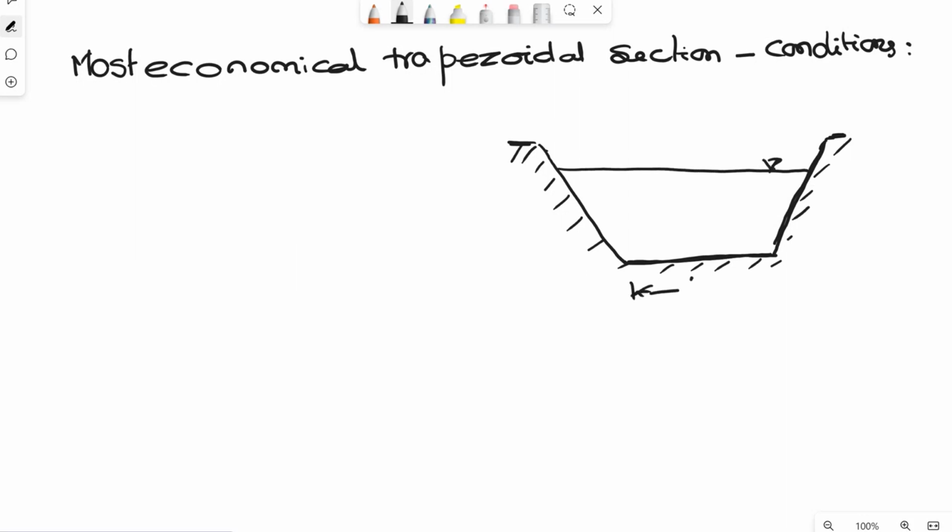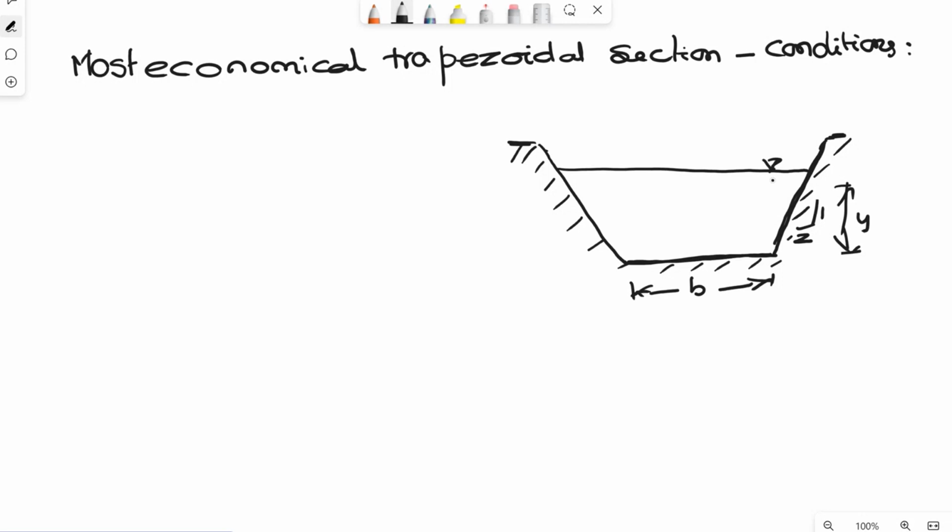The bottom width is B. Depth of flow is Y. Side slope is 1 in Z, 1 vertical to Z horizontal. So consider a trapezoidal section of bottom width B, depth of flow y and side slopes 1 vertical to z horizontal. That is the first thing.